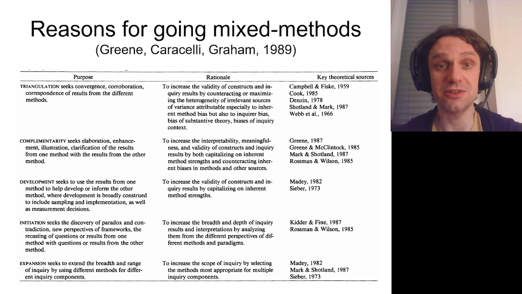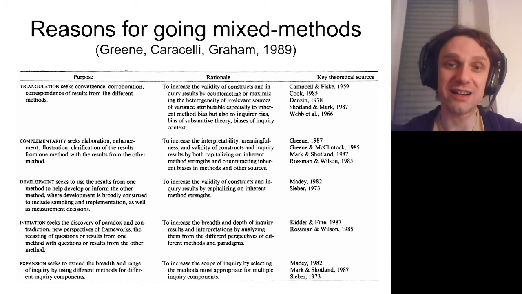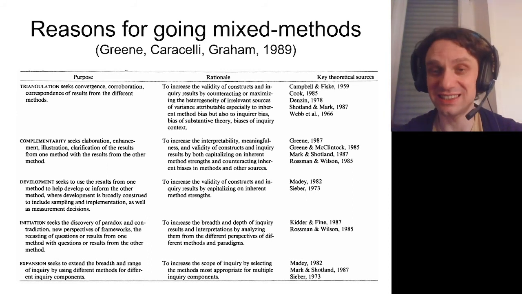And luckily for us, Green and colleagues have come up with a list of reasons that we can use to justify the use of mixed methodology. The first reason is triangulation. Triangulation, as we discussed last time when we looked at qualitative methods, is a situation when we seek to increase our validity by cross-validating our results.